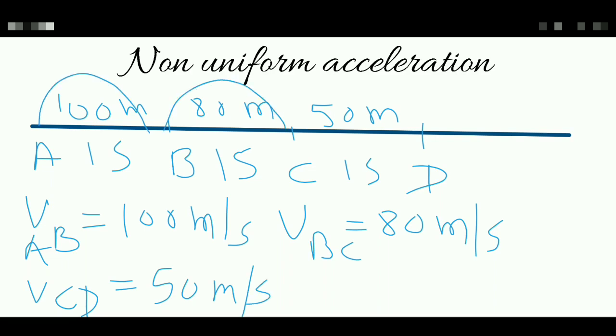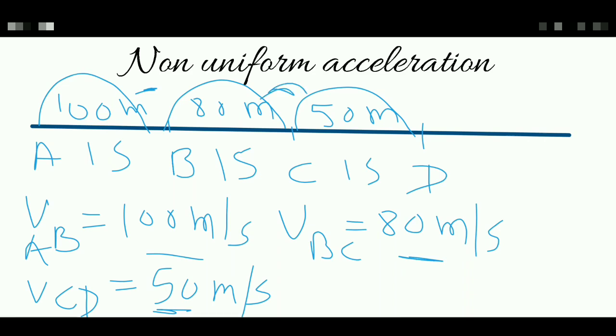Velocity is decreasing, that is for sure. But is it decreasing at a constant rate? No, it is not fixed. In the first cross section it decreases by 20 meter per second. In the next cross section it decreases by 30 meter per second.